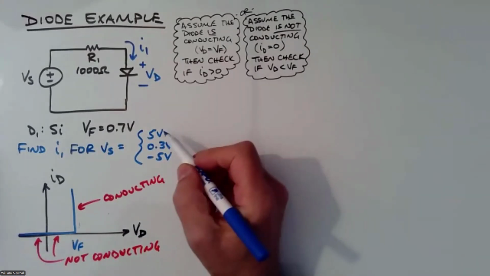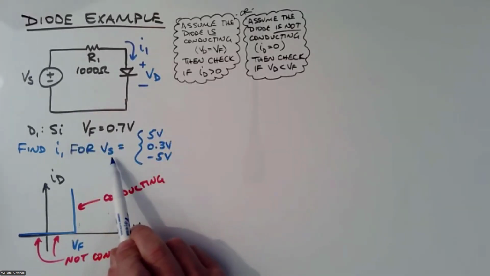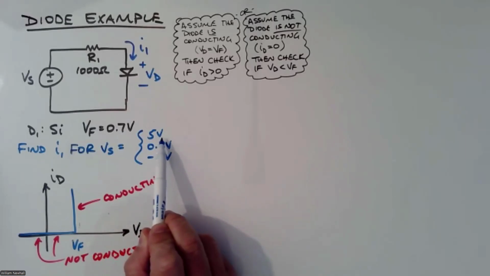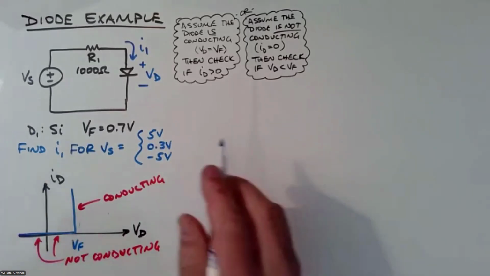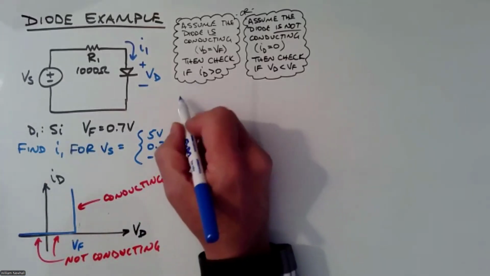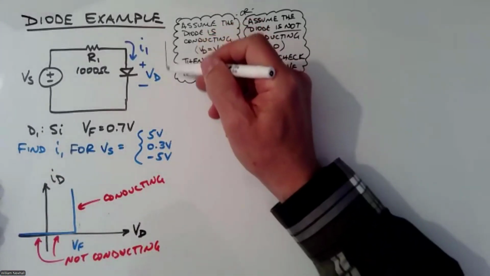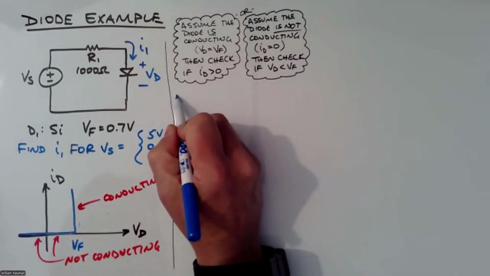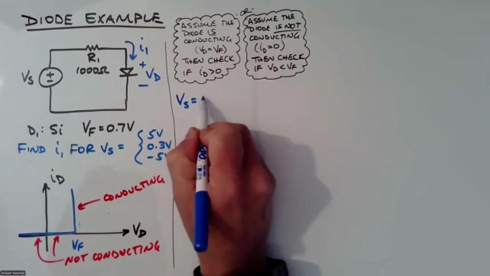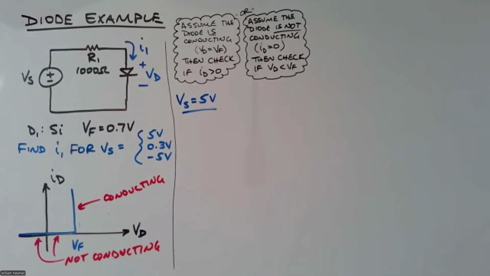Let's work this circuit for Vs equals 5 volts. We're going to find I1 for Vs equals 5 volts. I'm just going to draw a line down here so I can fit a lot on this whiteboard. So for the case where Vs equals 5 volts, let's make an assumption.